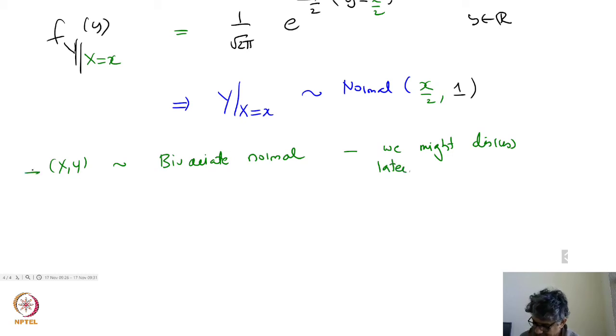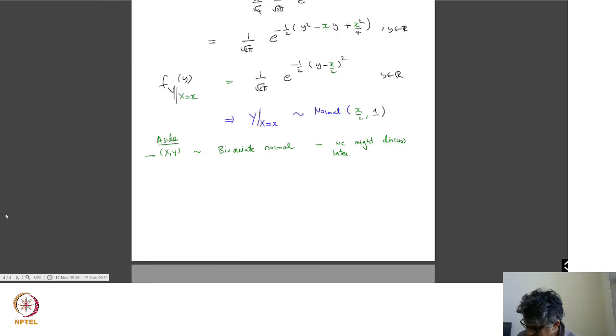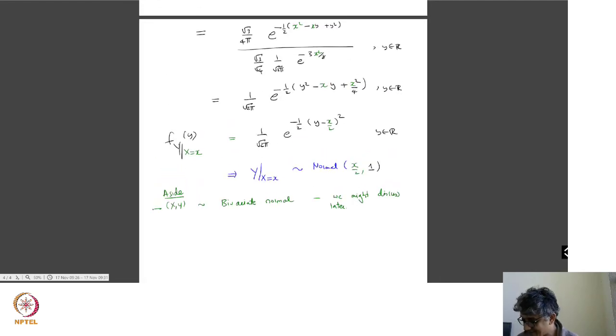It's kind of on the side. They both have this normality with them in some dependent way, and the marginals turn out to be normals, but with some dependency. So y given x is normal with mean x by 2 and variance 1. Excellent.